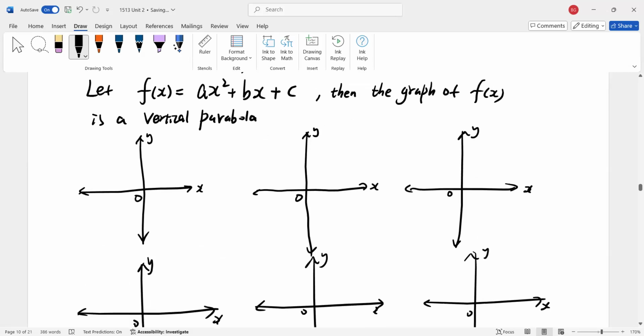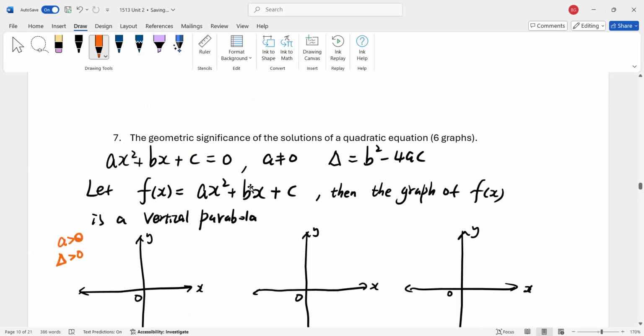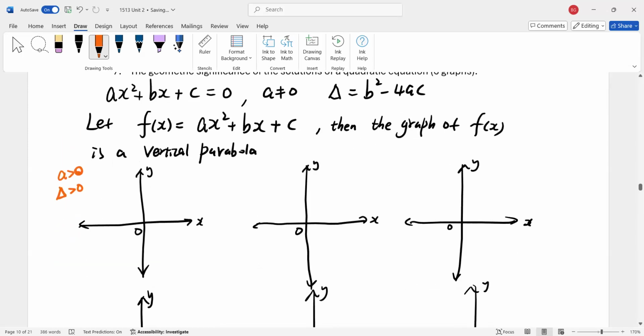The top three, I'm going to make A positive. The first graph, leading coefficient is positive, delta is positive. Do you remember what delta is? Discriminant. It is b squared minus 4ac. Then the graph of the function f of x, which is the left side of the equation, is going to be something like this. And those two x-intercepts are solutions. It has two real solutions.